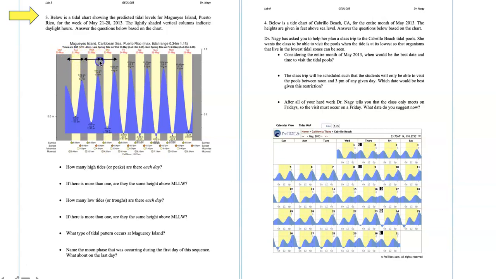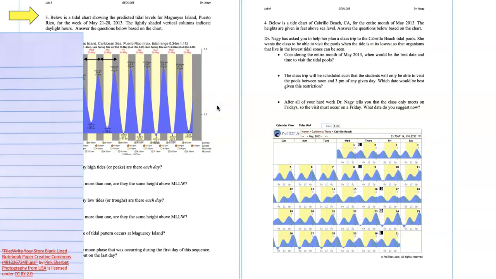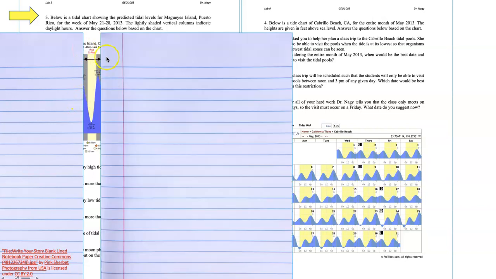There's another day. There's another day. And to help you out, I suggest you take a piece of paper and place it at midnight on one of those days and midnight the next day. This is one 24-hour time period. And I think it's easier now to see how many crests and troughs there are in this wave.